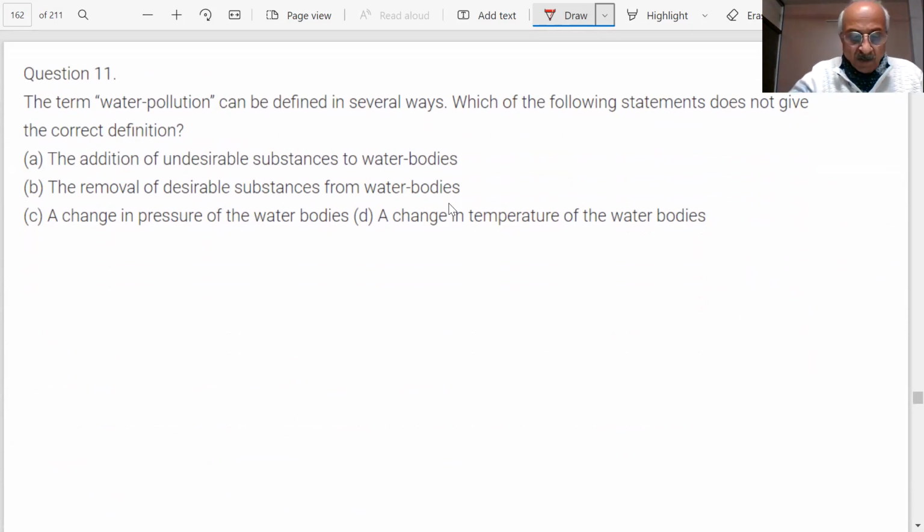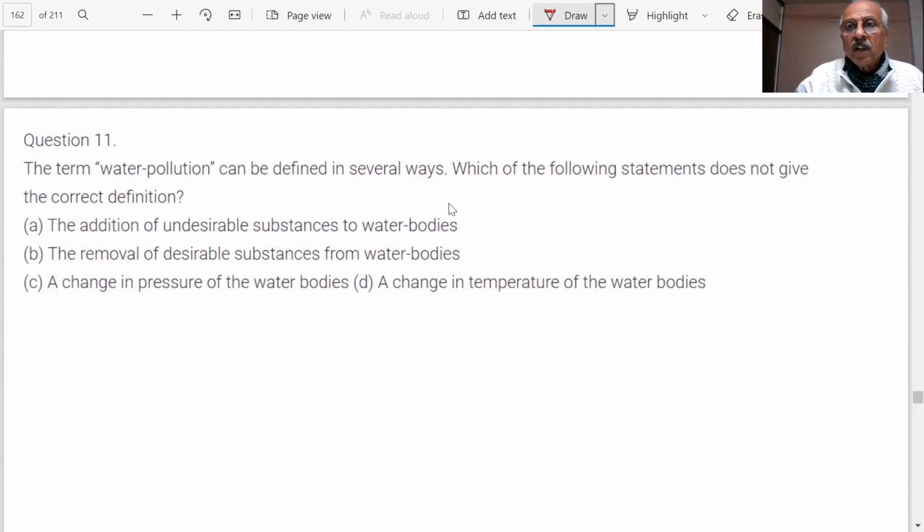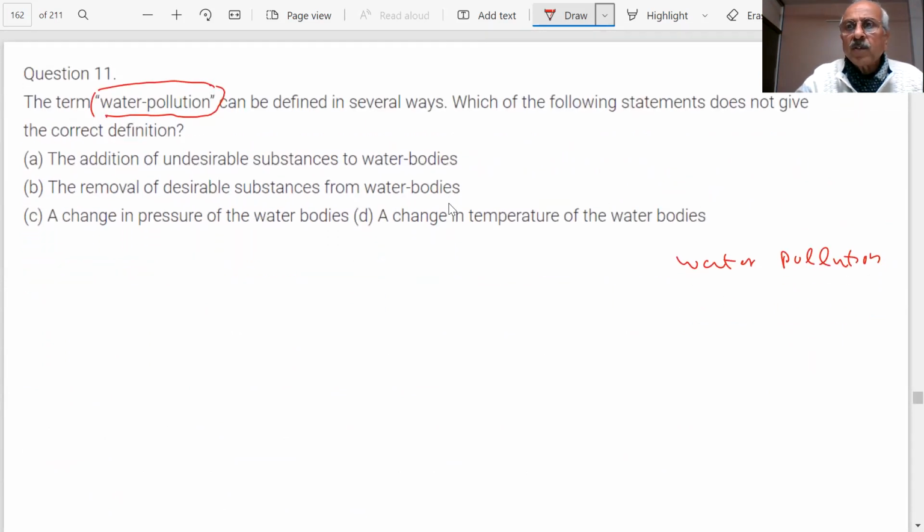The term water pollution can be defined in several ways. Which of the following statements does not give the correct definition? Water pollution, students. So let me focus. What is water pollution? What do you know about water pollution, students?